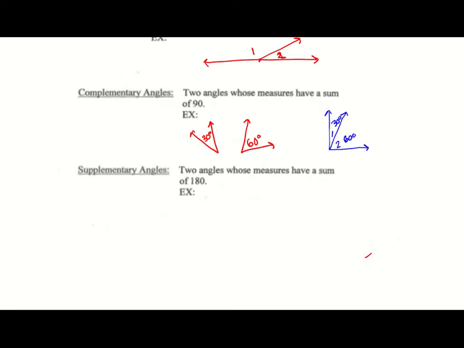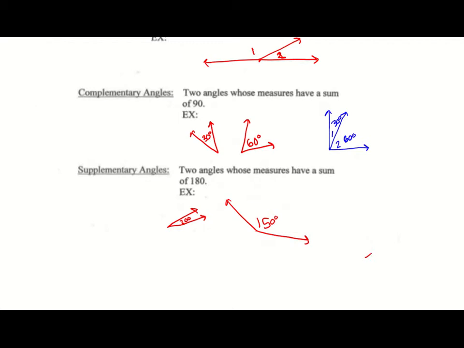Okay, so our next one is supplementary. Very similar to complementary, except this one is 180 degrees. So if I have my first example of complementary, if I had an angle that was 20 degrees and an angle that was 150 degrees, those two angles would be supplementary because they add to 180.